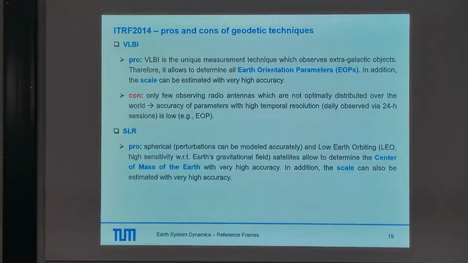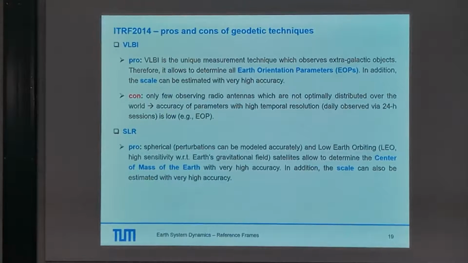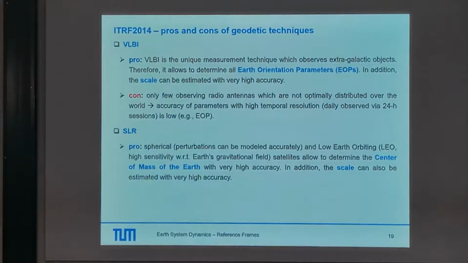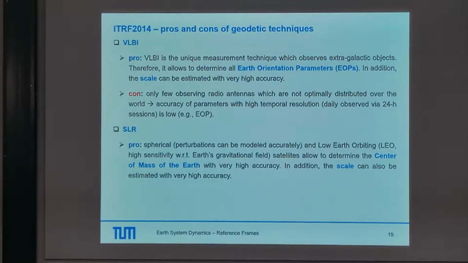The advantage of these SLR satellites is they are cannonball satellites. You do not have to know anything about the attitude of the satellite. Yeah? The satellite does not have any solar panels. There are no active thrusters or magnetic torquers on board. That's simply a solid cannonball with reflectors mounted on board.